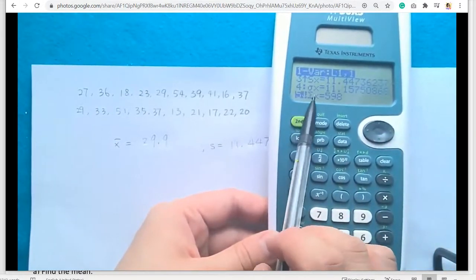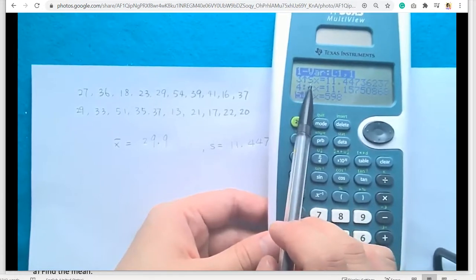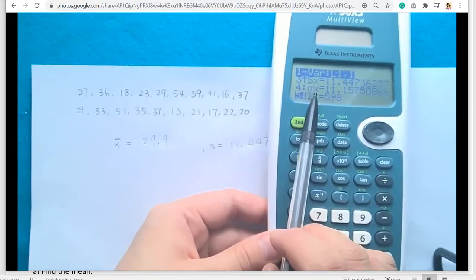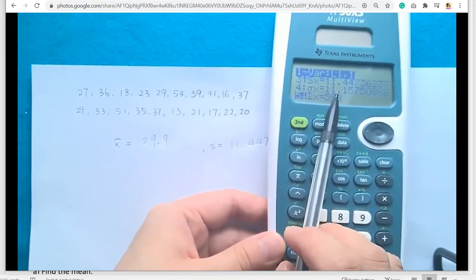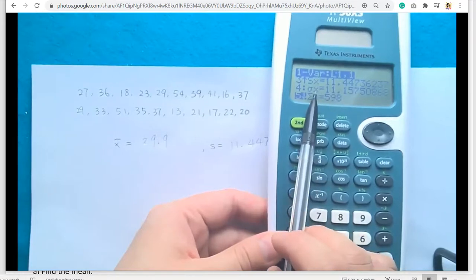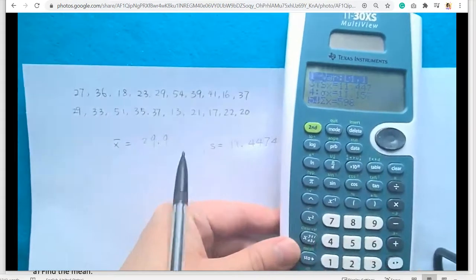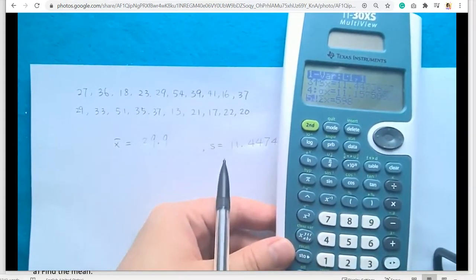This sigma is the population standard deviation, and S is the sample standard deviation. Remember the difference between the sample variance and the population variance: for the sample variance you divide by n minus 1, because there are n minus 1 independent variables. But for the population standard deviation, we divide by n. Okay, so this is how we find the sample mean and the sample standard deviation given a set of data.